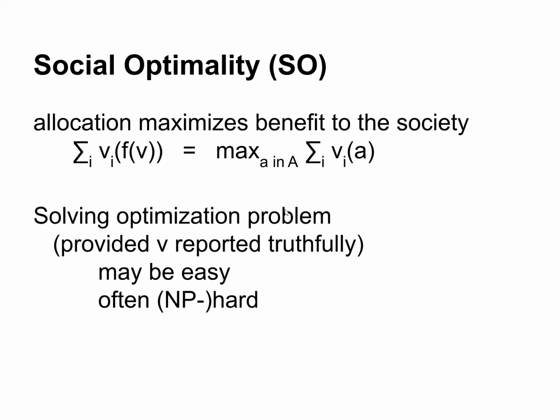As we discussed, for a socially optimal mechanism, the mechanism should be truthful. But then you would have to solve an optimization problem. And well, I don't want to say that we know how to solve all optimization problems in the world, but at least we have some ideas. Some of them are complicated. For some of them, we do have algorithms and so on. So that's just a computational problem, quote unquote.